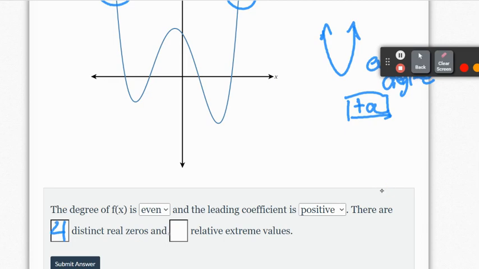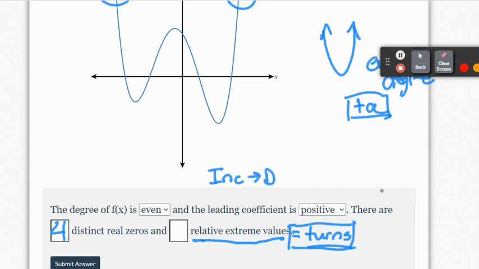And then relative extremes. Now this time we changed. We weren't specific about what kind. Well, relative extremes are just going to be the same thing as turning points. Now, that's really limited in the scope of a real math definition. Again, a turning point is anytime you go increasing to decreasing or decreasing to increasing.